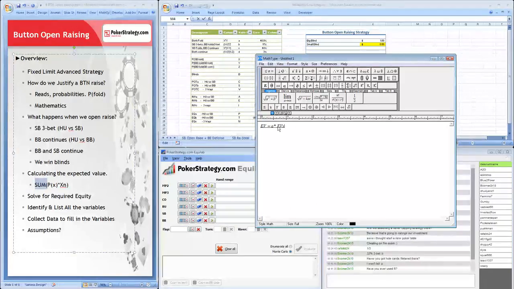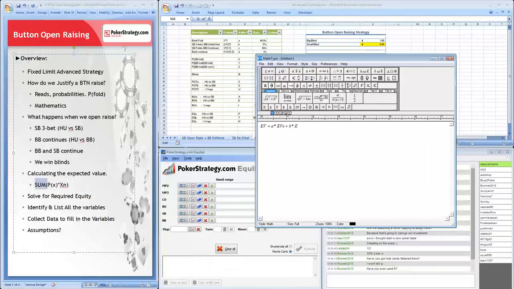And so this is going to be equal to the expected value of situation A. Well, we'll get to that in a minute too. To that, we're going to add the probability of being in situation B, which we have represented by the variable B, and we're going to multiply that by the payoff when we're in that situation.